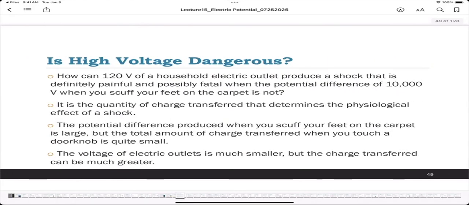And is high voltage dangerous? The 120 volts of a household electric outlet produces a shock that is definitely painful and possibly fatal, while the potential difference of 10,000 volts when you scuff your feet on the carpet is not.